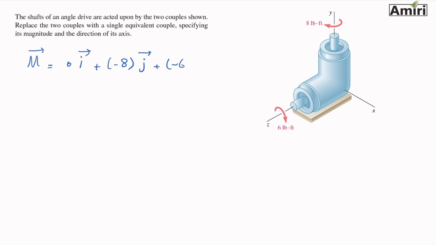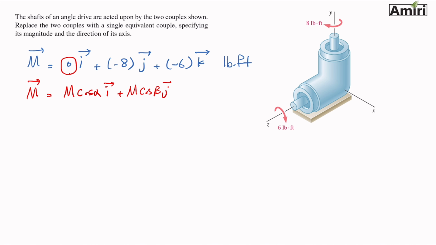Again, if you remember from coordinate direction angles, this component is M cosine alpha i, M cosine beta j, M cosine gamma k. M is the magnitude, and we already found it. It's 10 pound-foot.